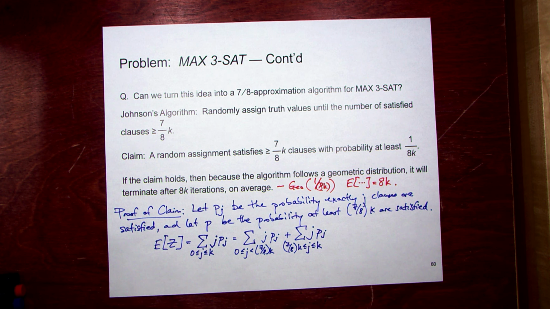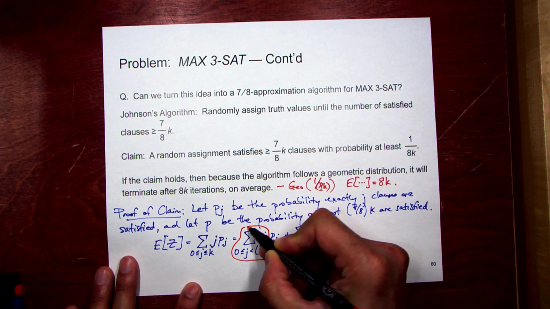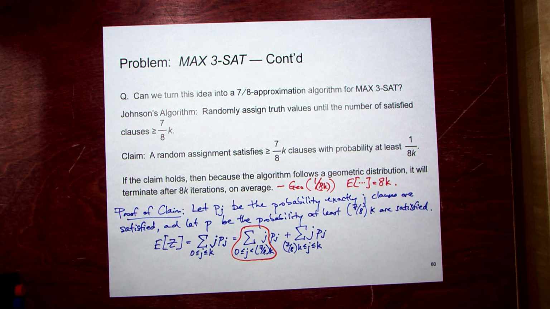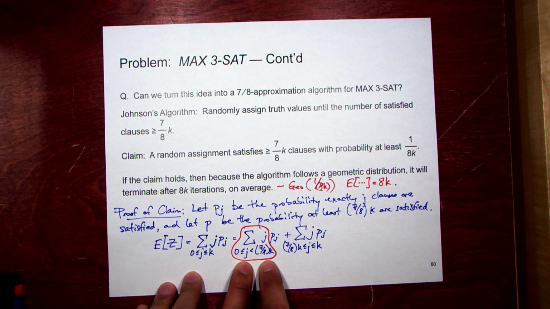And I'll give you a moment to catch up. Okay, the key step. If we look at this value here, j is going to be at most whatever the max of this thing is, and it can be some integer value that is strictly less than 7/8 k.